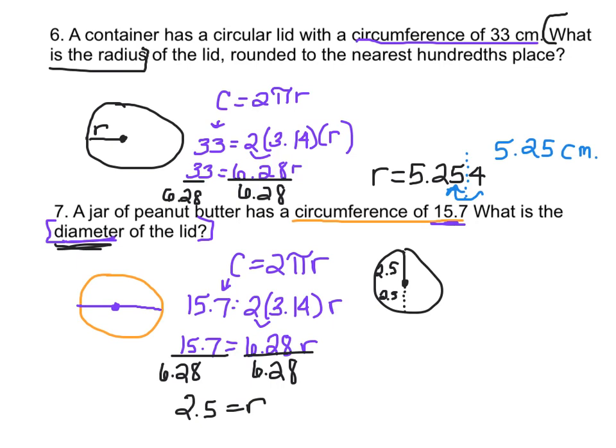So 2.5 plus 2.5 gives me a diameter of 5, or 2.5 times 2 is 5. So the diameter of the lid is 5 units.